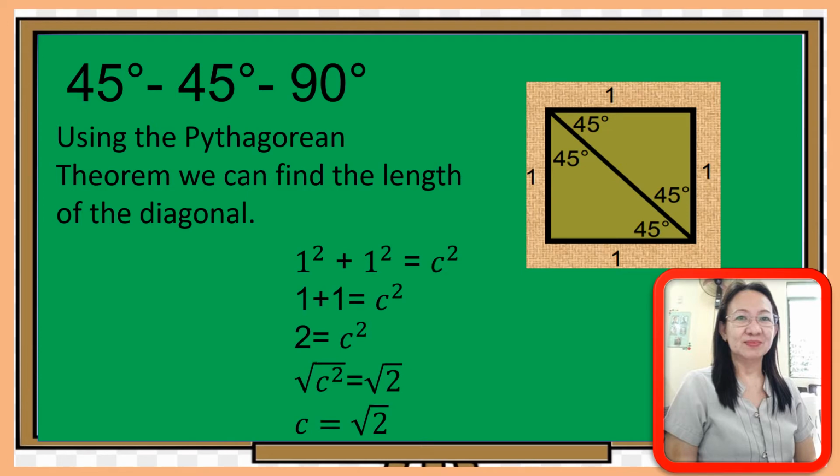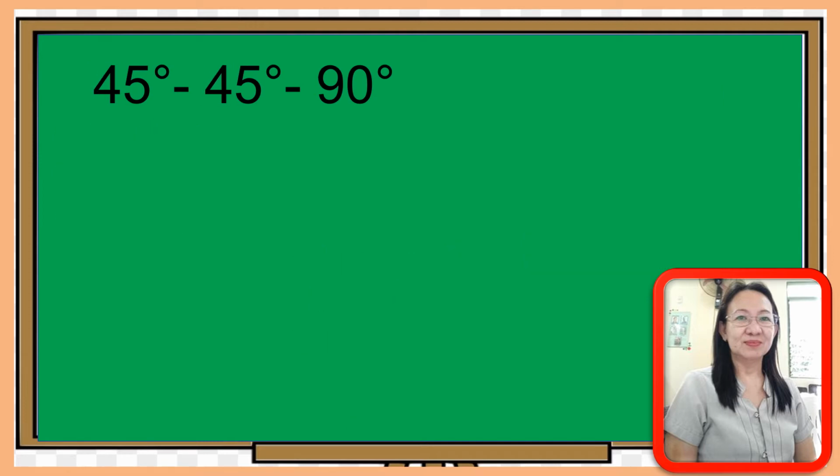So we have 1 squared plus 1 squared is equal to c squared. So 1 squared is 1, and then 1 plus 1 is 2. And getting the square root of both sides, we will get the value of the hypotenuse as square root of 2.